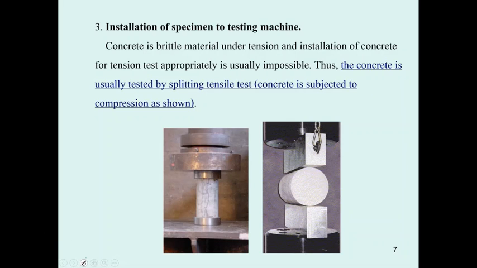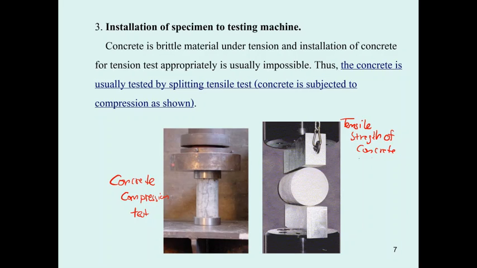If you consider the concrete, this is a concrete specimen, and this is for the compression test that we mentioned before. But sometimes we are interested not only in the compressive strength of the concrete, we are also interested in the tensile strength of the concrete.